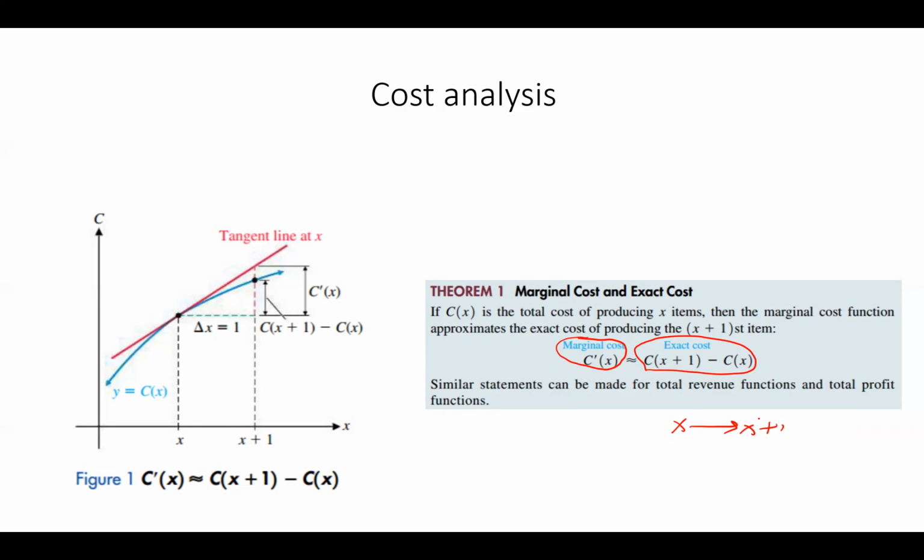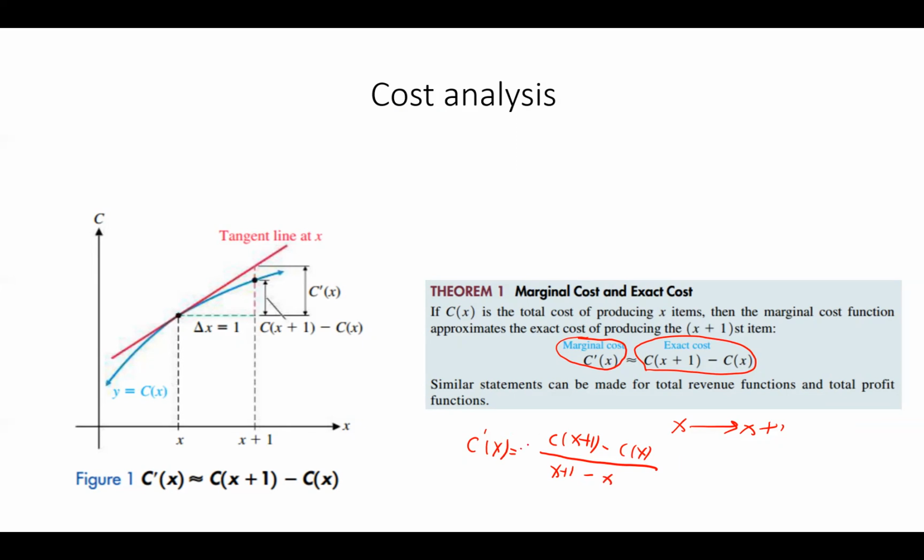So why are we interested in this? Because we know that C prime of x, the derivative of the cost function, is actually the cost difference averaged across the interval. The interval is x plus 1 minus x, which is just 1.